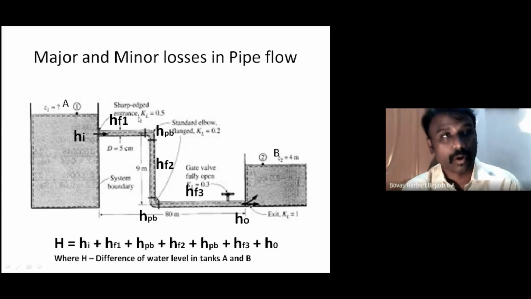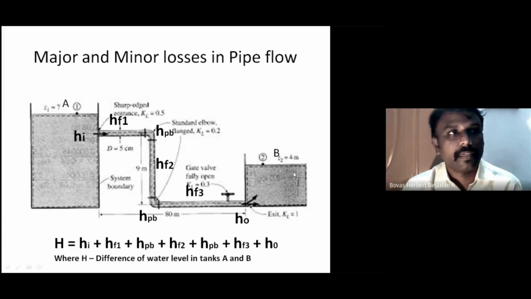The major loss that will occur, HF1, is the friction loss in pipe 1. Here a pipe bend is there, so Hb1, and then HF2. Again one pipe bend is there, Hb2, and in the third pipeline the major loss HF3 occurs during the flow. Finally, the pipe is connected with tank B, so there is the outlet loss.